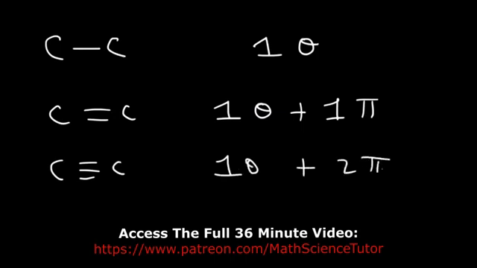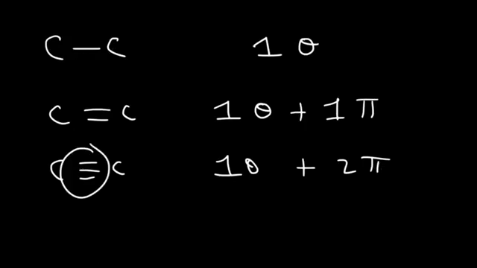By the way, a triple bond is stronger than a single bond. 3 bonds are stronger than 1 bond. It's harder to break 3 pencils than it is to break 1. So keep this in mind, triple bonds are stronger than single bonds, but triple bonds are shorter than single bonds. Single bonds are longer.